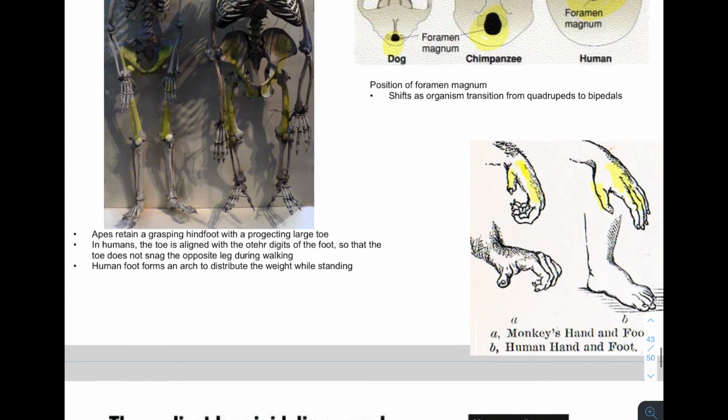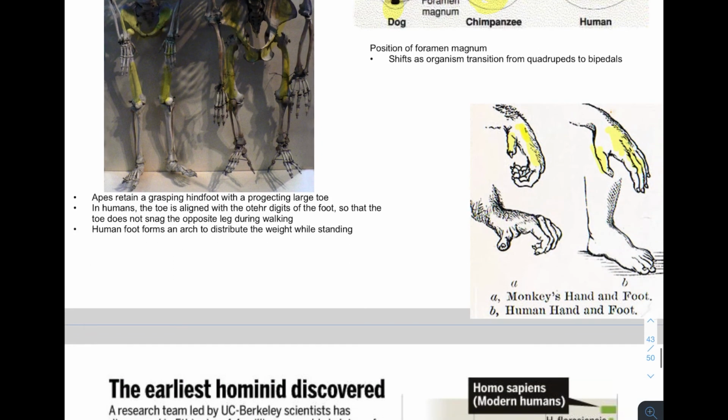However, we see that there is a big change that takes place in the pes, because in arboreal organisms, you do see this opposable first digit there for grasping. And so that is the foot of a monkey that still has this big gap between the first digit and the second. You can also see it in this gorilla skeleton right here, that V shape right there. That allows for opposition, a lot of mobility of the thumb there.